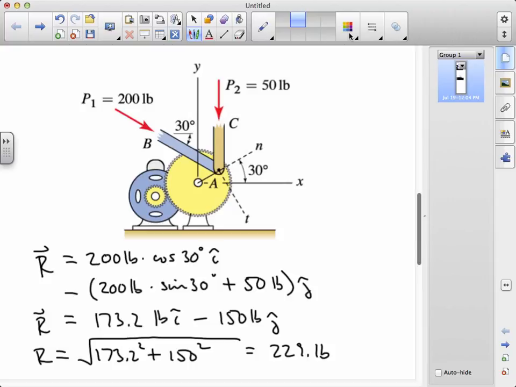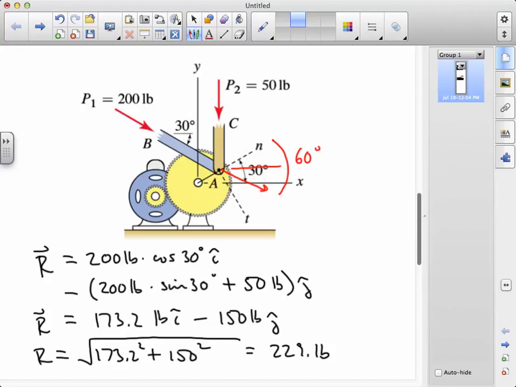So to begin, I'm going to slide P1 along its line of action and draw it here at A. And just make a note that we've got two different 30 degree angles here. P1 makes an angle of 30 degrees with the horizontal below, and the normal axis makes an angle of 30 degrees with the x-axis, so all of that means that this angle is going to be 60 degrees.